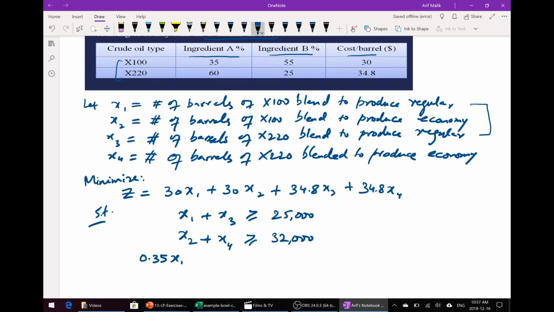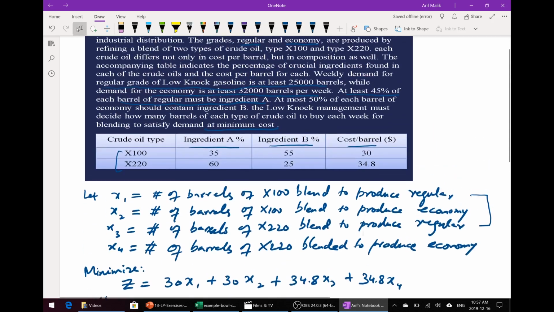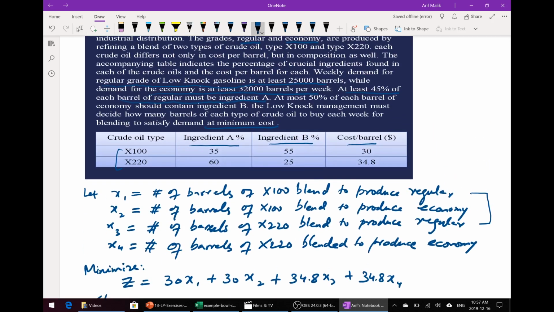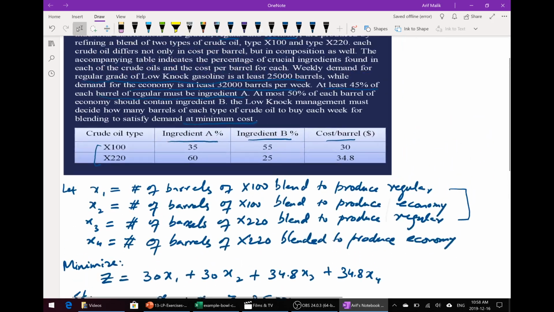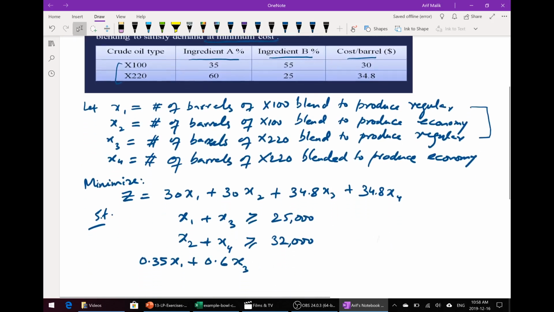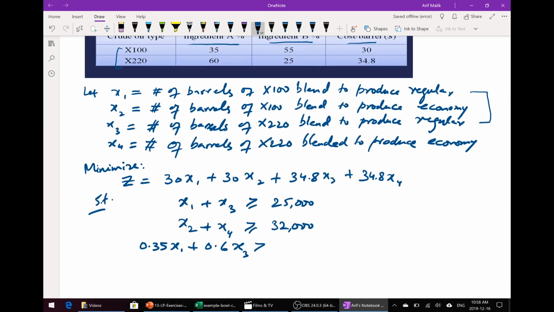And plus 0.6 is also in X220, which is to produce regular. It says X3. It is asking that at least 45% of each barrel of regular must be ingredient A. So it should be greater or equal to 45% of X1 plus X3, the blending of these two. Alright.